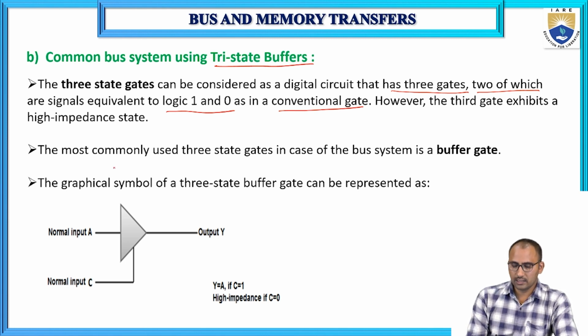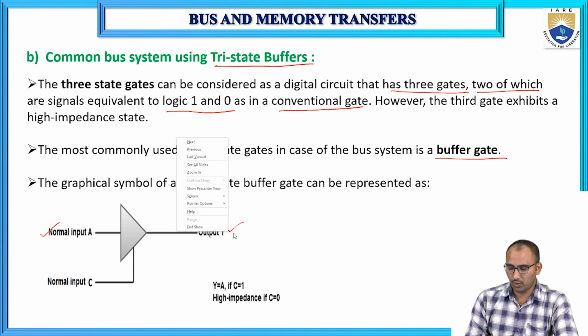The most commonly used 3-state gate in case of bus system is the buffer gate. The graphical symbol of the 3-state buffer you can see here. So this is a 3-state buffer. It has one input, one output, and a control input.